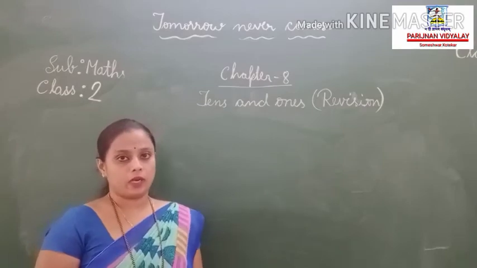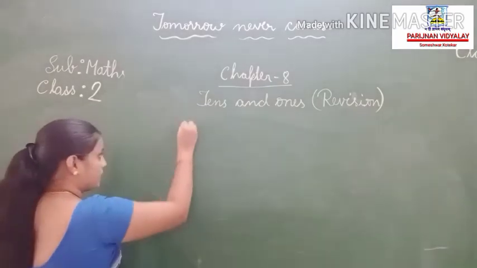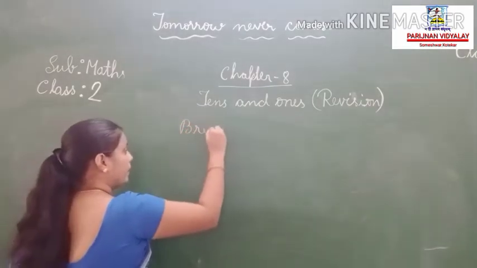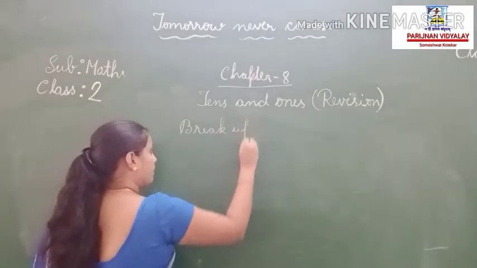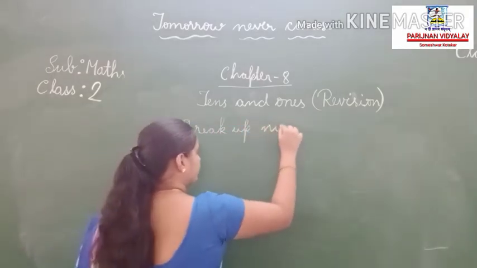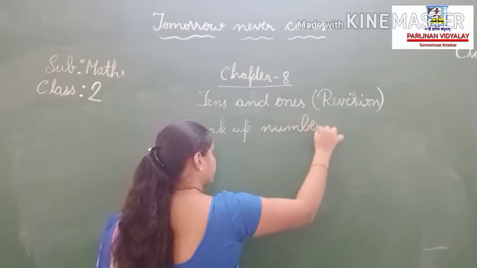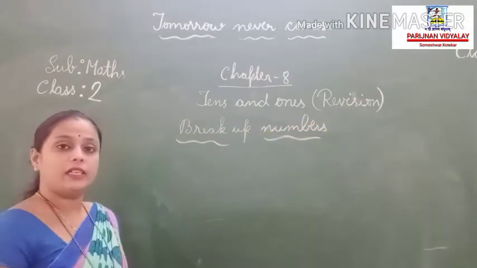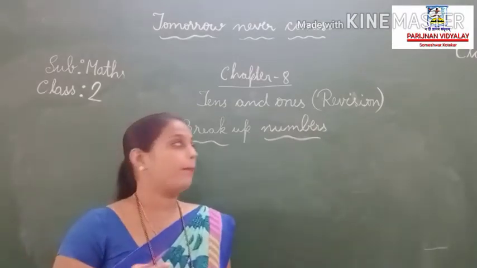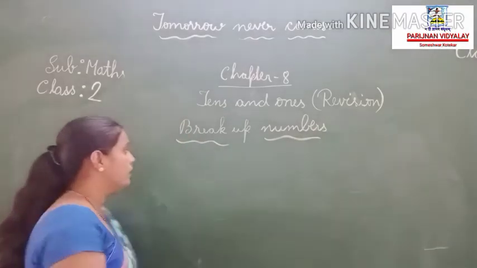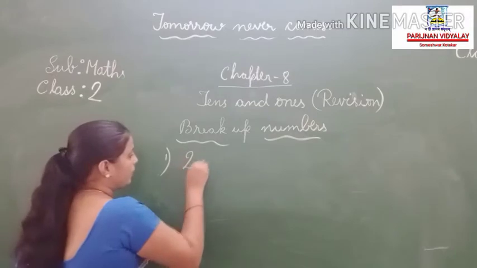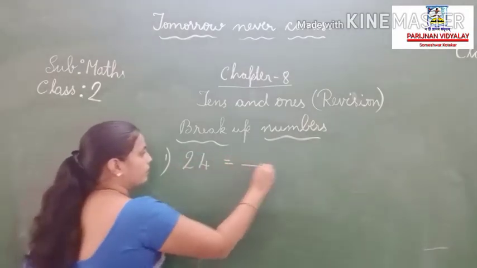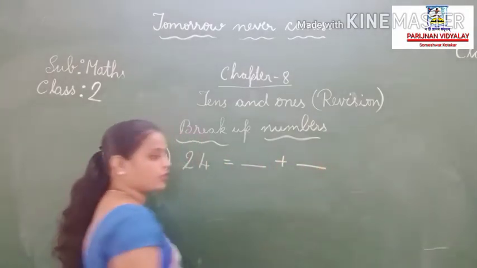Now let us revise breakup numbers. Okay. Now I will tell a number. Guess breakup numbers. 24 is dash plus dash.